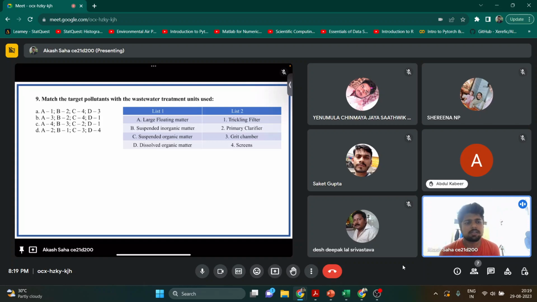You can use a trick that the largest size particles will be removed first. Yeah, tell me. Option C.